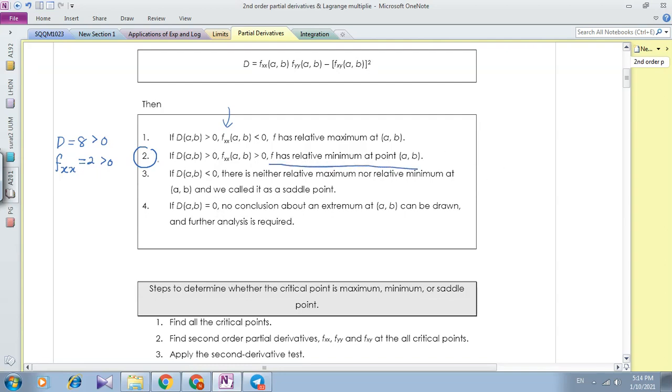So that means 2, negative 1 is a minimum point, because the conditions are consistent with condition 2.